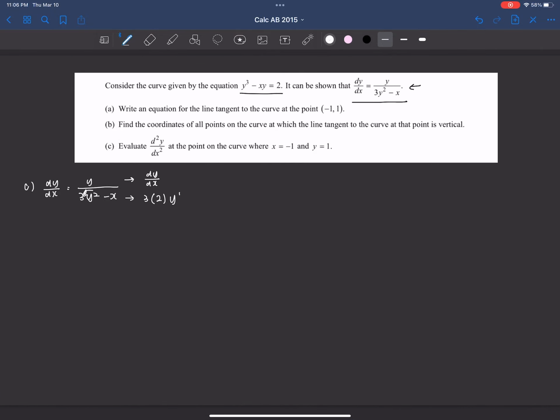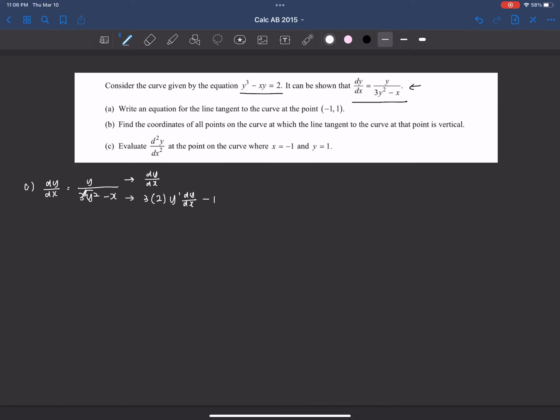And then, as I said before, we need to multiply by dy dx because that's the derivative of y. And so we're kind of applying a chain rule sort of concept here. And then this is just minus 1, the x, because we are deriving it in terms of x, and dx over dx is just equal to 1.